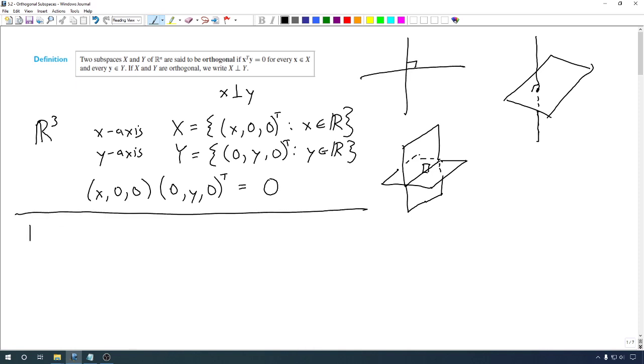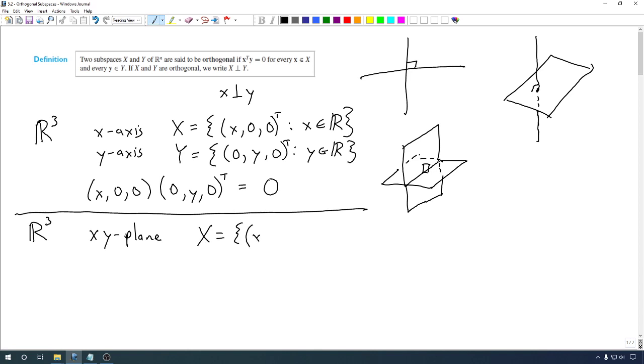Actually, let's look at why this floor and wall example doesn't work. Let's take the xy plane. Here we're still going to call it X, just to stick with the notation in the definition.